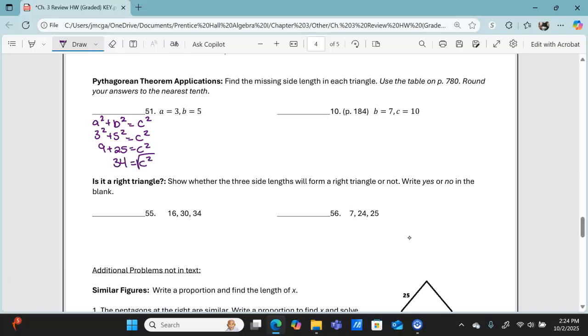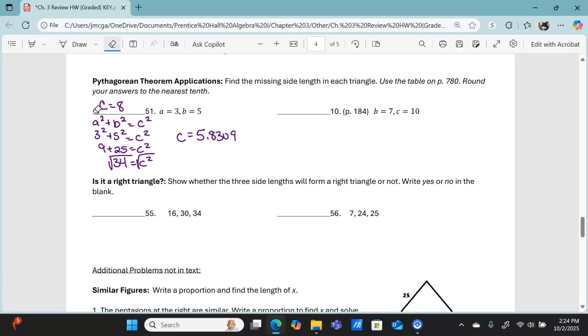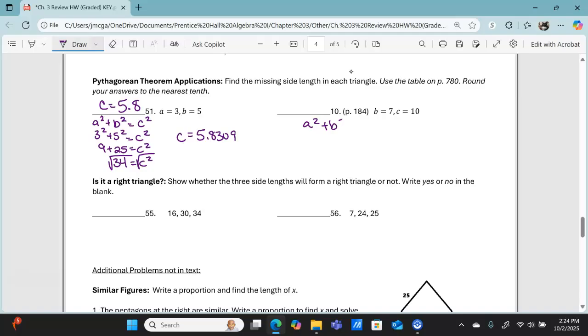Take the square root of both sides, and so I need to look up the square root of 34. And I looked it up on the table in the back, and to the nearest tenth would be 1 decimal place, so it's going to be 5.8.